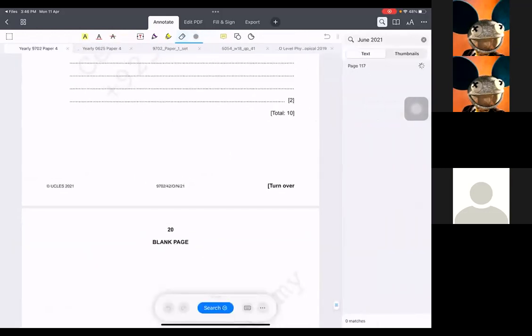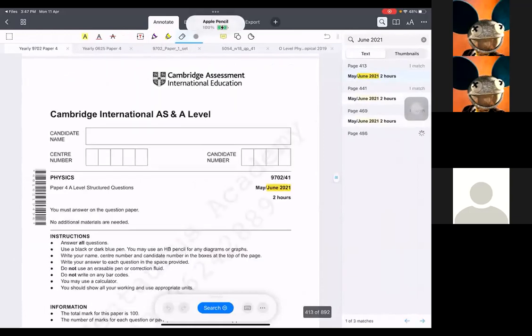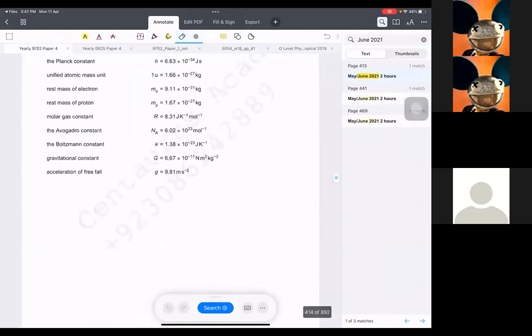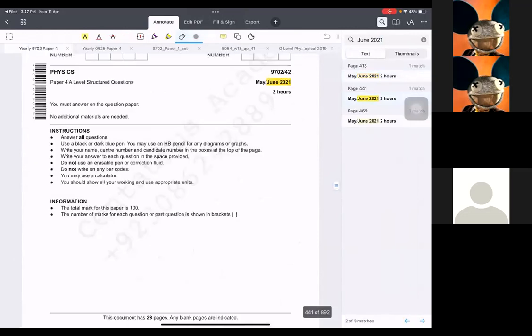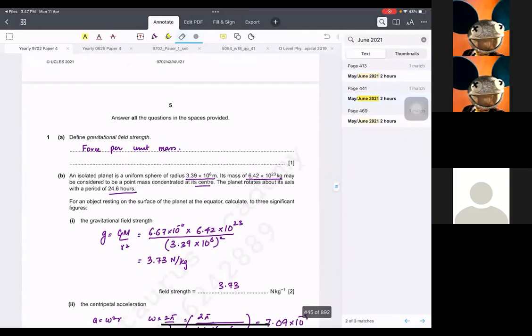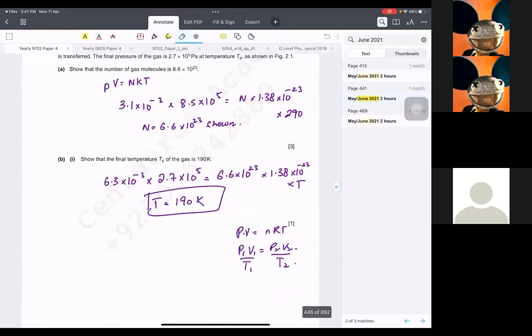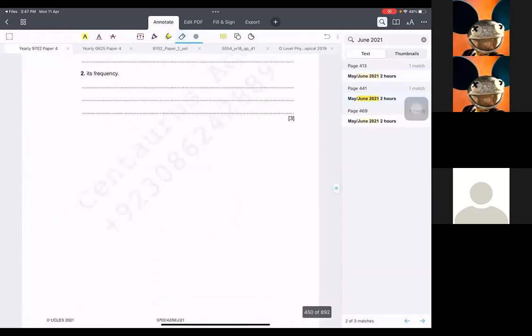June 2021. Okay, let me check. According to our paper list, today was October, November 21. So why is it so similar? June 2021 4/1. So we haven't done this. June 2021. Yeah, we did this. This is a completely different one.